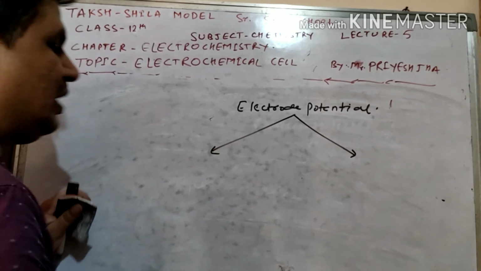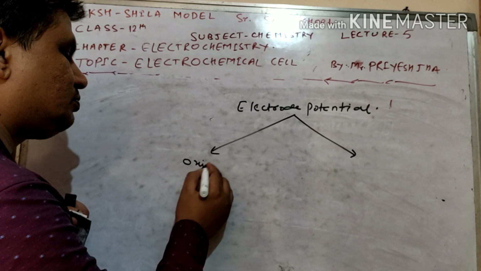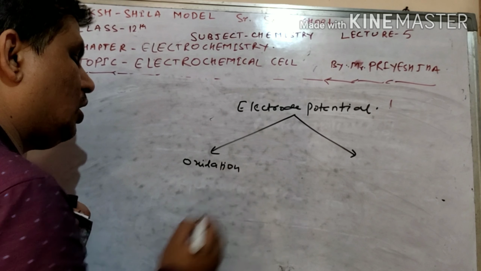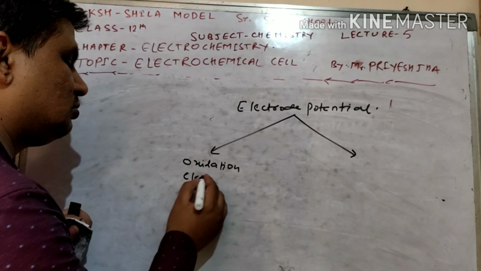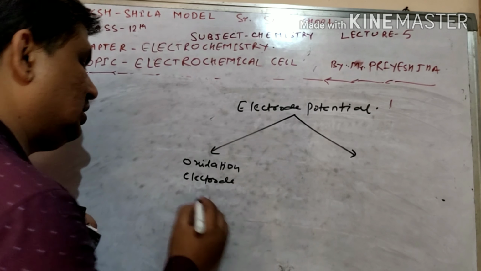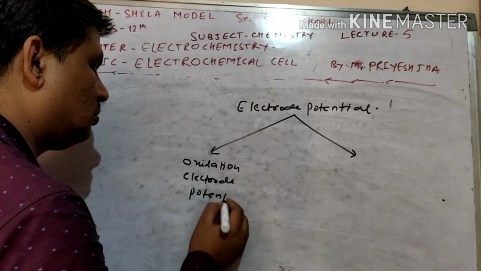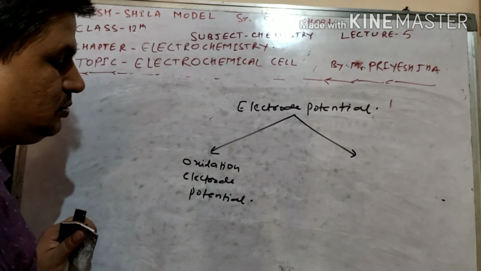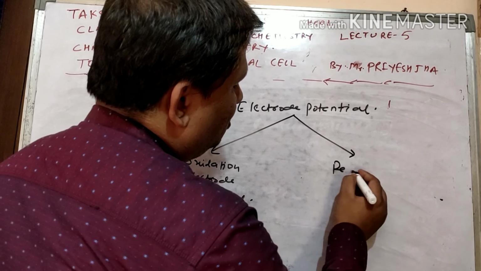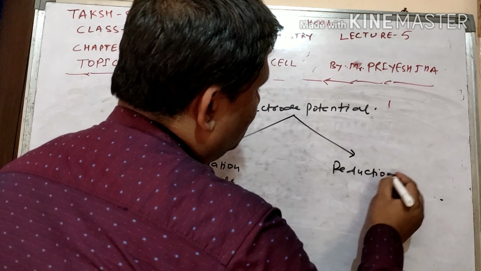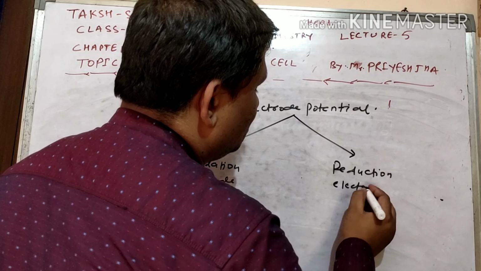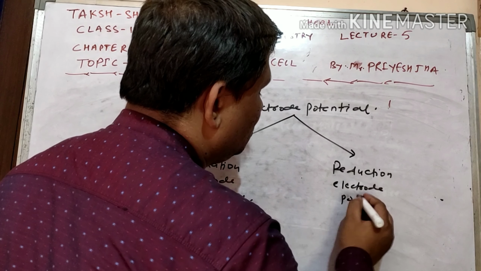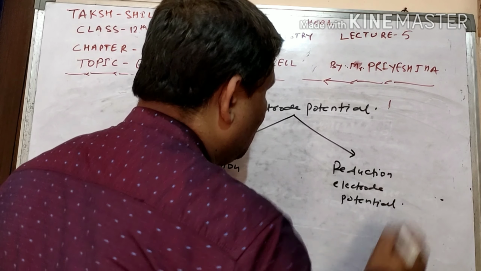One is oxidation electrode potential and the second one is reduction electrode potential.